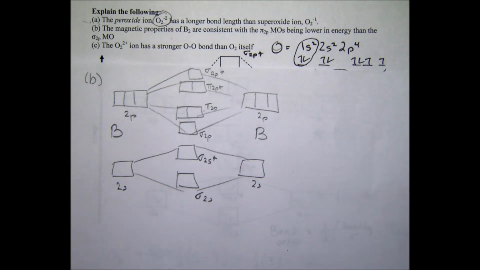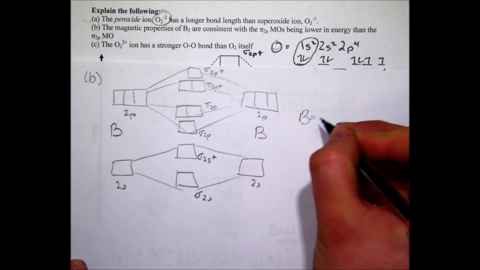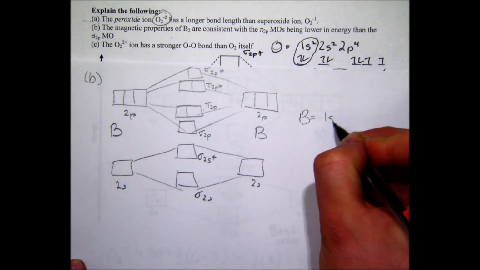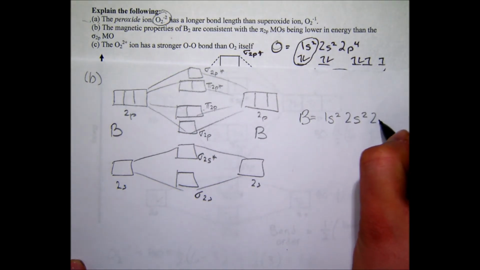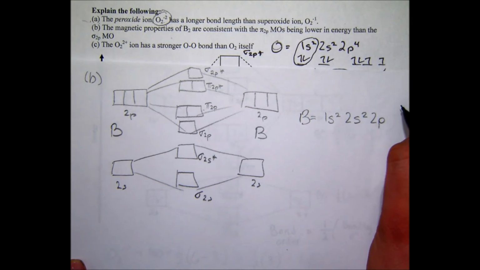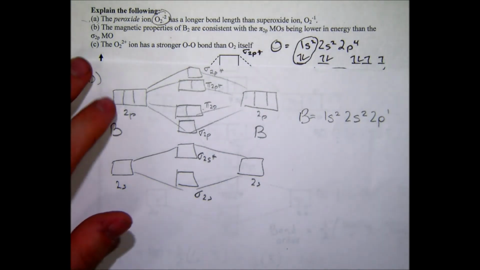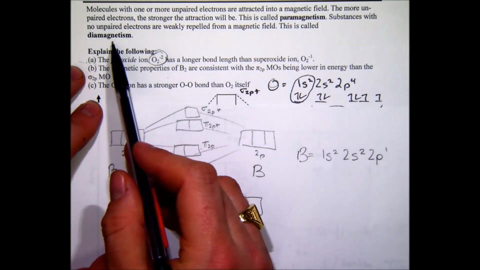With boron, it is in period 2, so its electron configuration would normally be 1s2, 2s2, 2p1. When we're talking about magnetic properties, we're talking about paramagnetism and diamagnetism.